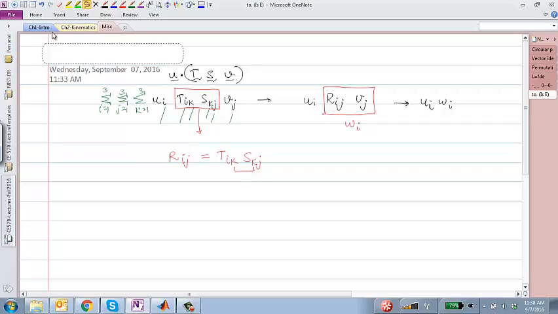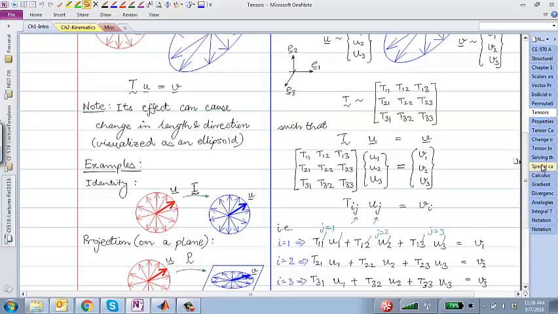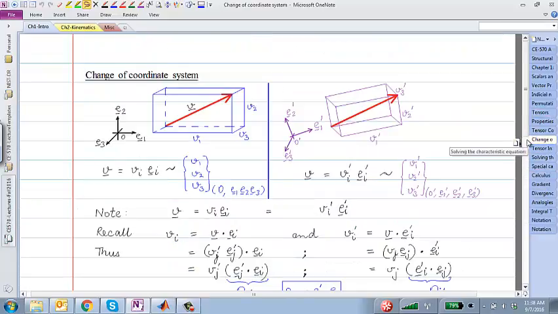So let's jump back to where we were last time. Very quickly, we had talked about these tensors, how they act on vectors, and what the properties of these tensors are. Then we talked about the change of coordinate system, and that's important because I've been pointing out again and again that scalars, vectors, and tensors are all physical quantities.